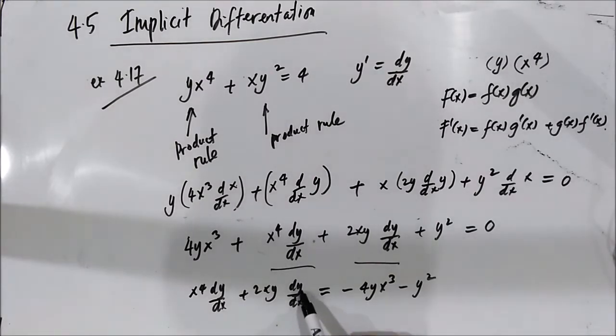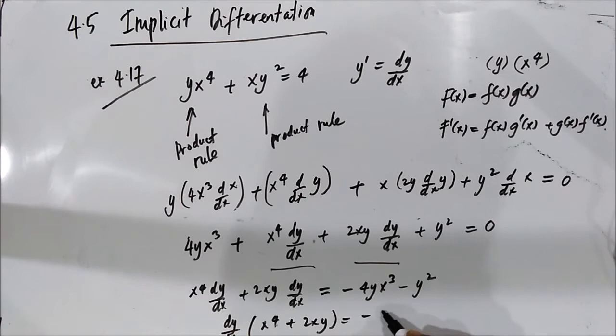So the common factor here is dy/dx. Here you can write like this: dy/dx multiplied by x raised 4 plus 2xy equal to negative 4y x raised 3 minus y squared.